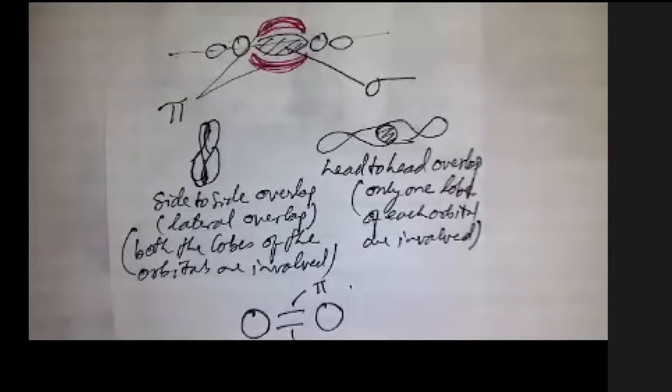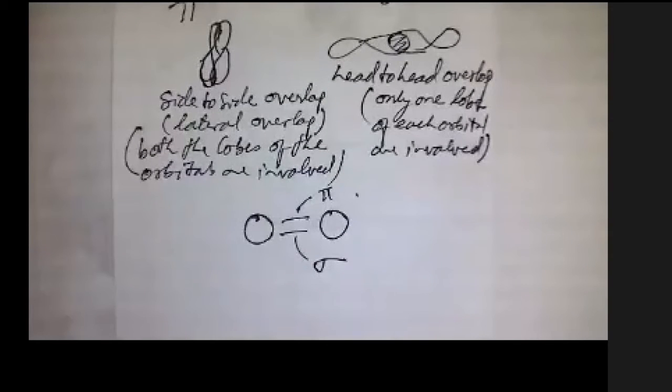It cannot have more than one sigma bond. Direct overlap, only one can take place, isn't it? All others, whatever more bondings are there, they cannot be head-to-head overlap. So that has to be lateral overlap. That means that will give rise to pi bonds. Understood? So you have sigma bond also formed here.